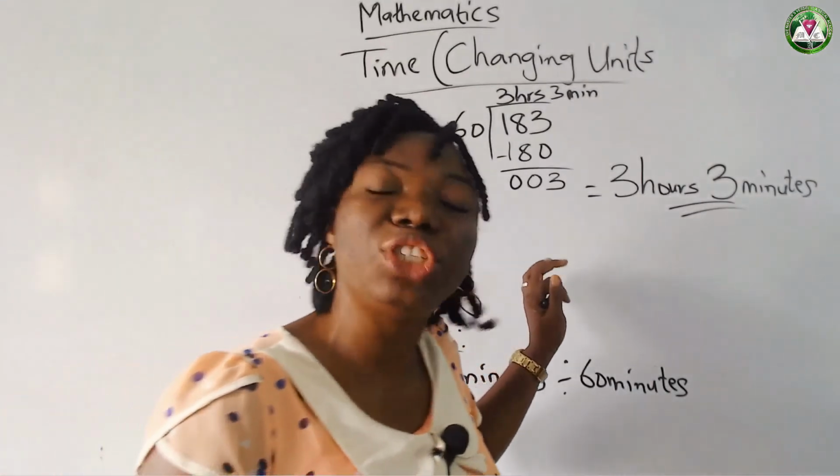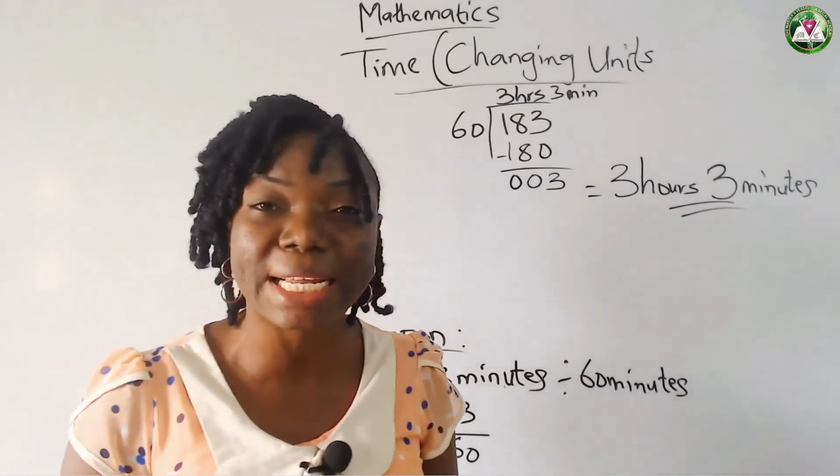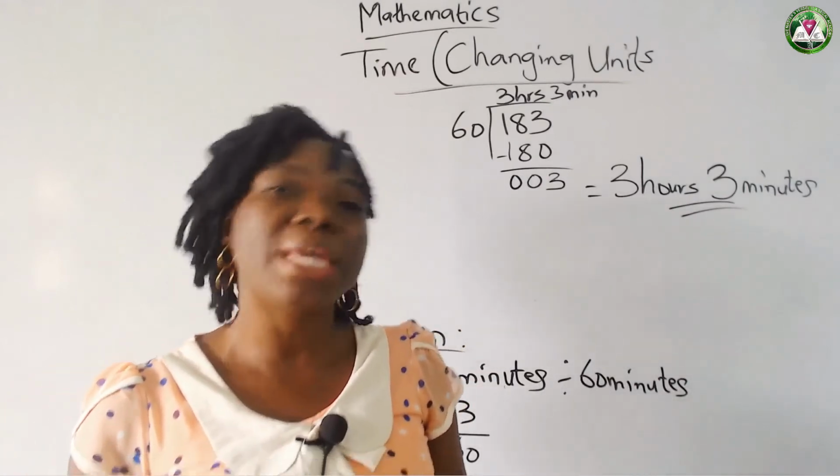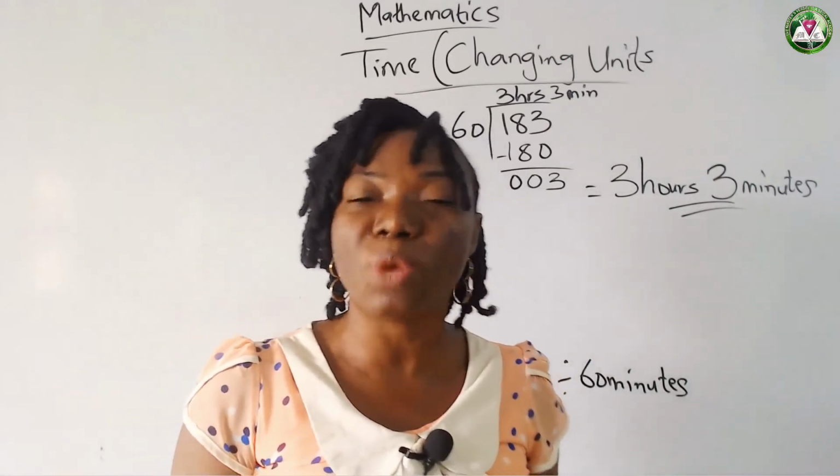This one we have changed from a smaller unit to what? A bigger unit. You can see that we divided. Now we're going to change from a bigger unit to a smaller unit. And when we do that, we multiply.